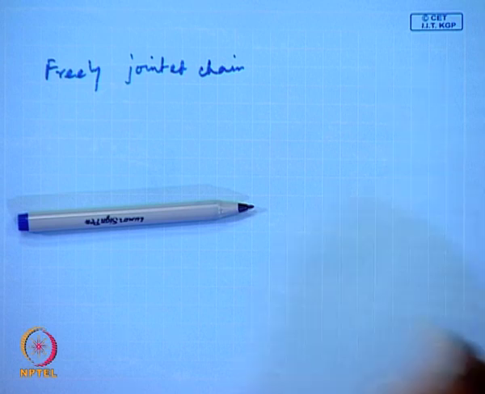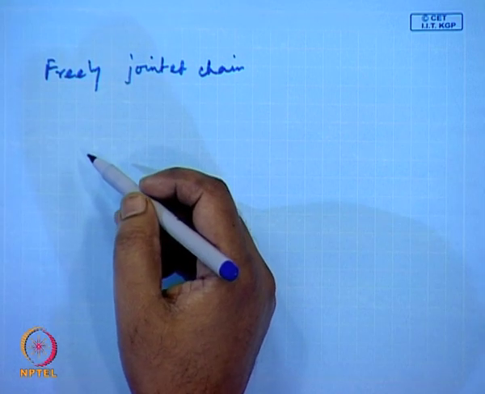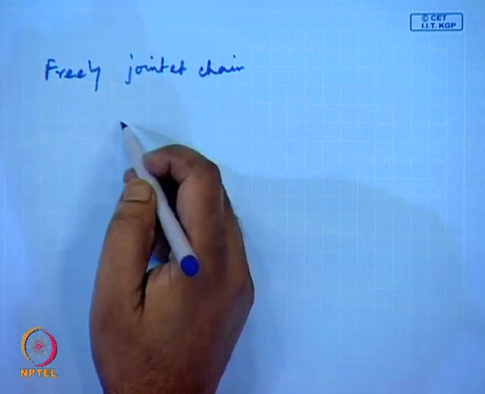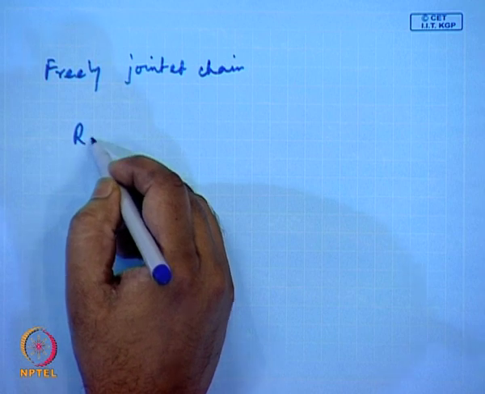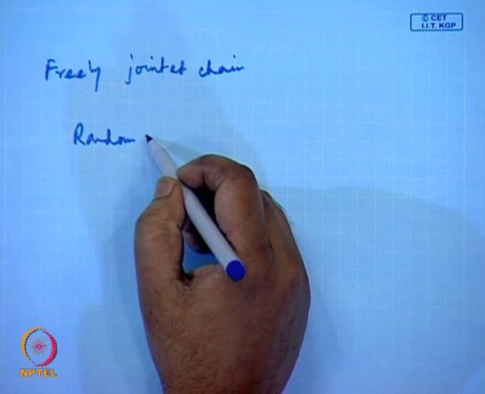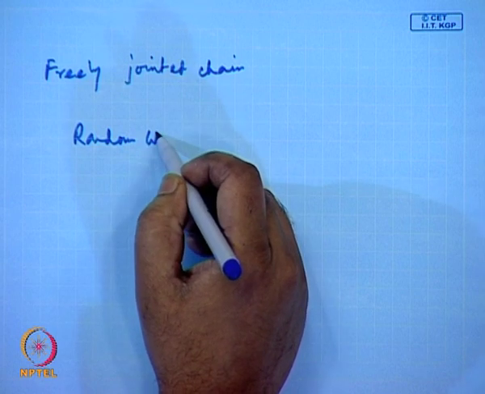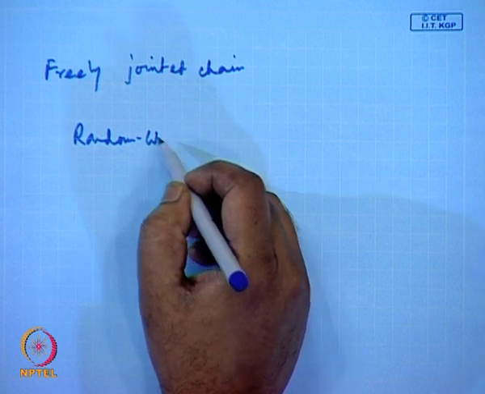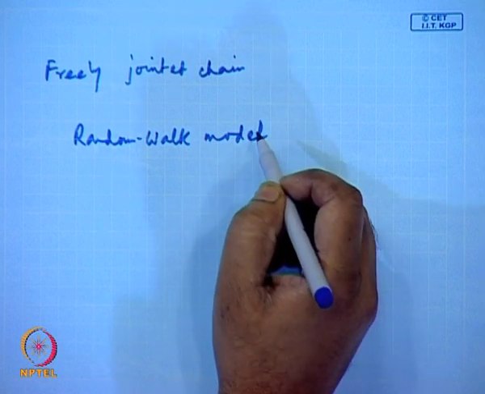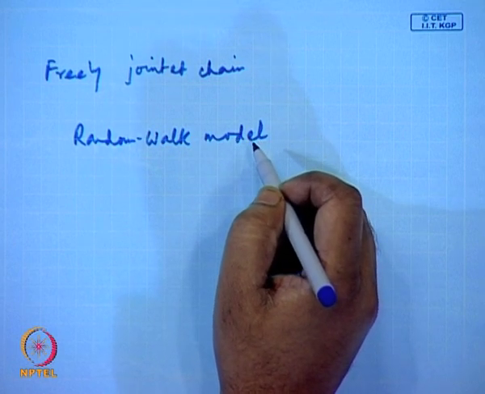For this the model is developed, and the expression for this chain is given by the random walk model, which was first developed for the movement of an ideal gas.